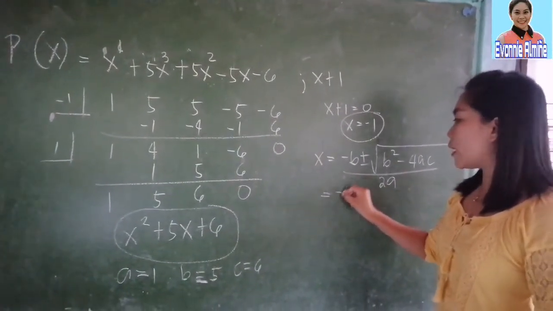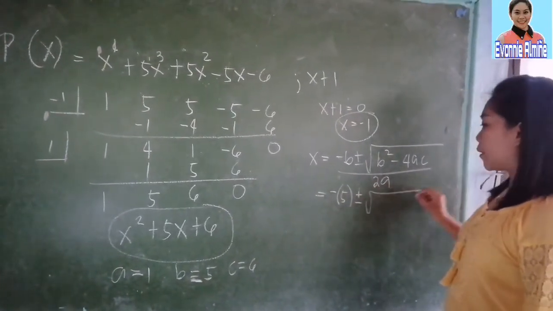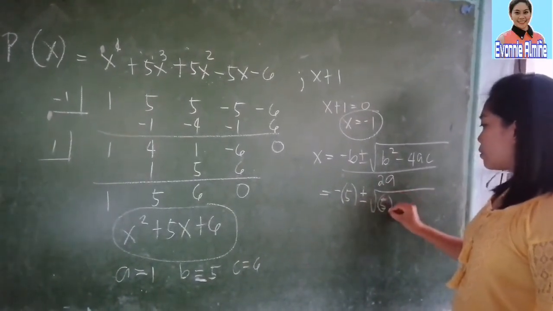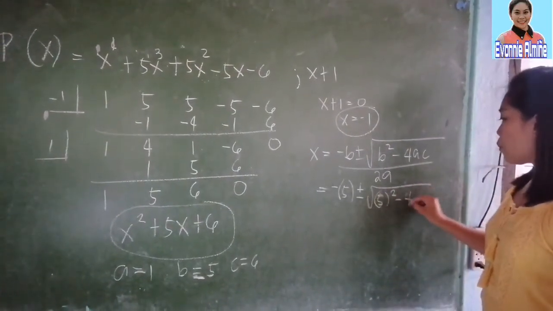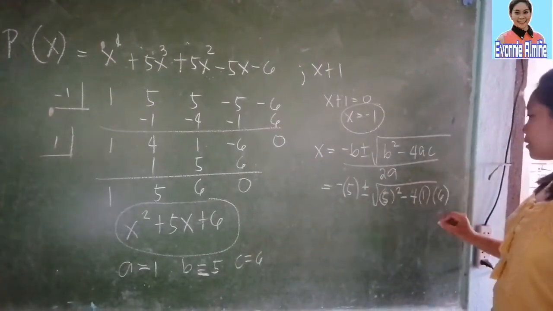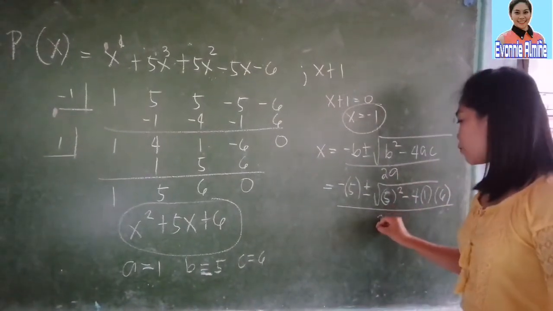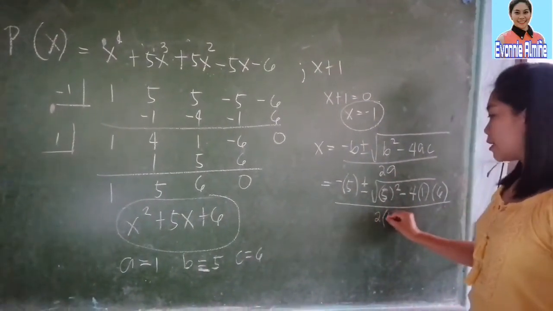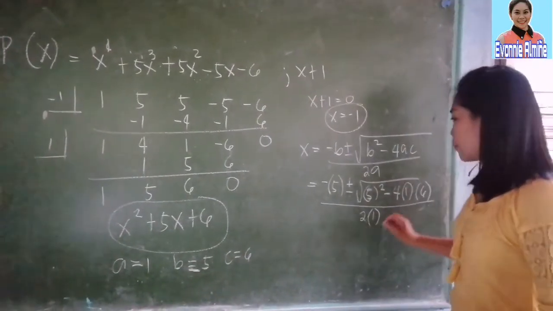So, yung b, you have negative 5 plus or minus square root of 5 squared minus 4 times 1 times 6 all over 2a. So, you have 2. The value of a is 1. Now, we have to evaluate our equation.